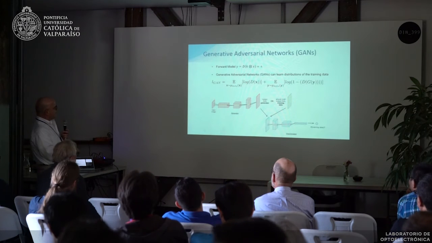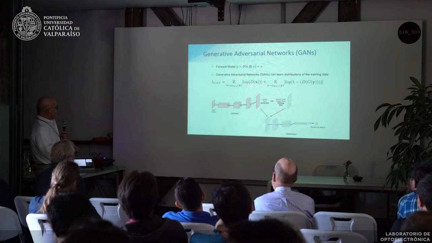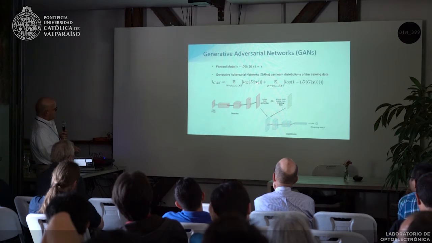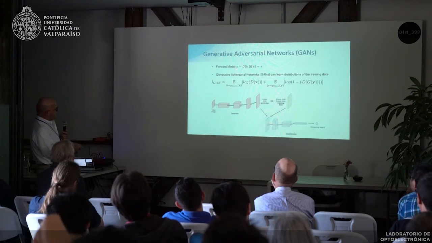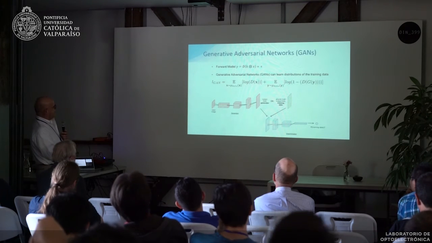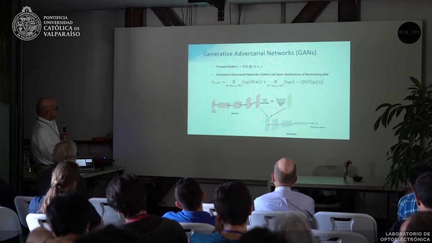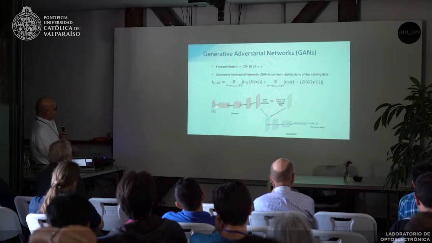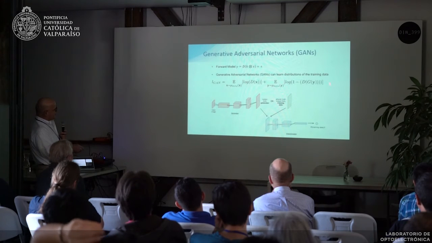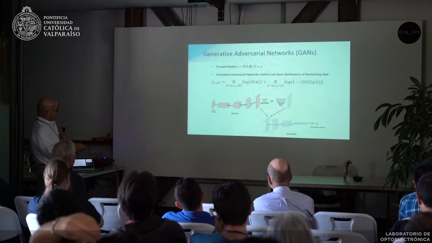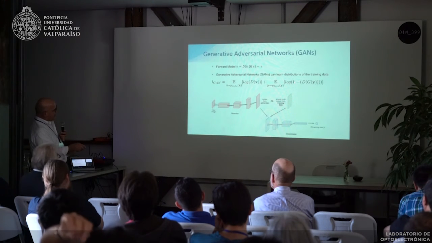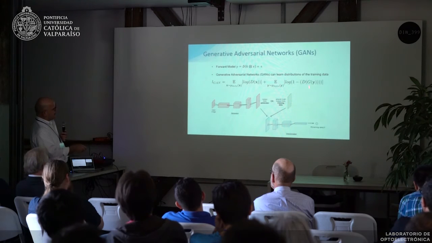So you solve this min-max problem. D of x is 1 if it comes from the true distribution. Here x is the high-res data and y is the low-res data. When you train the generator, you minimize this expression, and therefore you minimize only this term, right? The minimum is when this is 1, since the log of 0 is minus infinity.